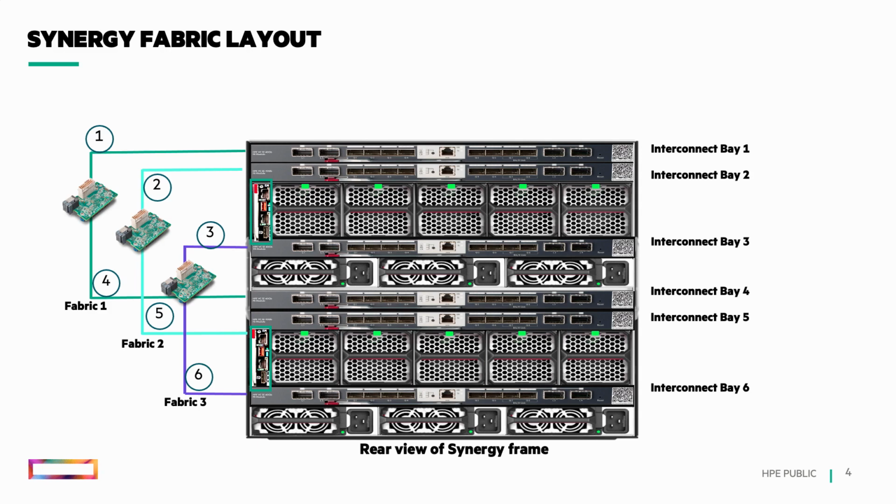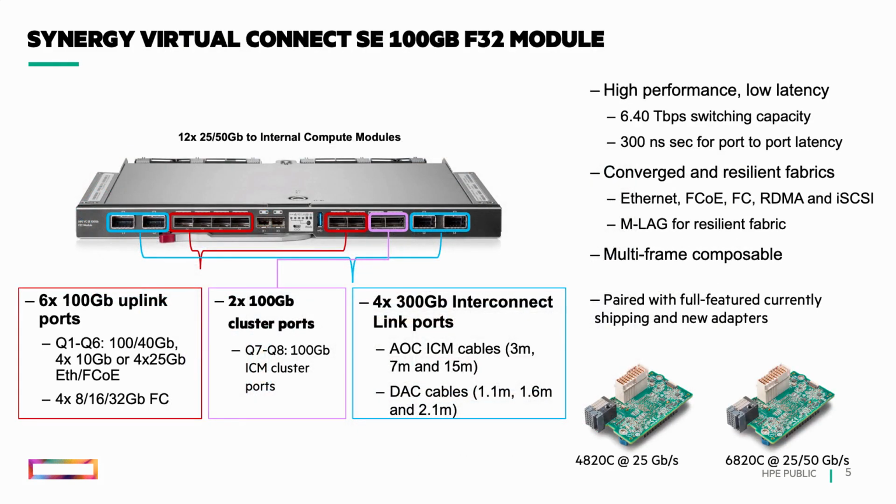This is the overview of the Synergy fabric layout. If you focus on the individual module, the current latest module for Synergy Virtual Connect is the 100 gig, the 100 gig VC SE 100 or 32 gig module.